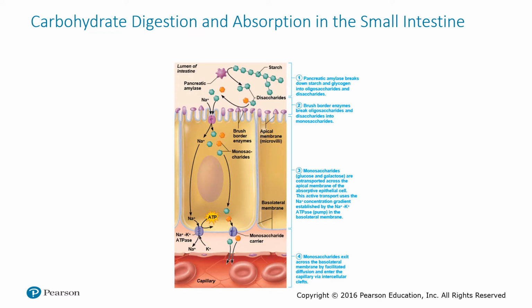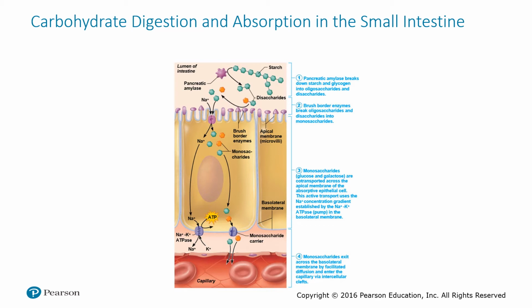This is a nice schematic that shows you how carbohydrate digestion and absorption occur in the small intestine. We've talked about how pancreatic amylase is responsible for breaking down starch or glycogen into the oligosaccharides as well as some disaccharides.